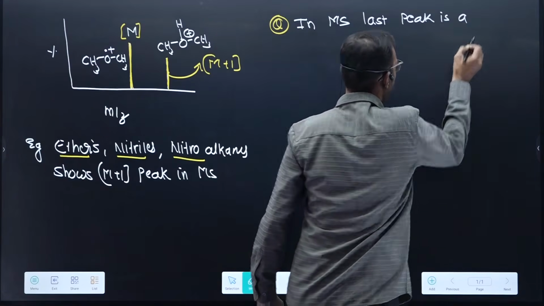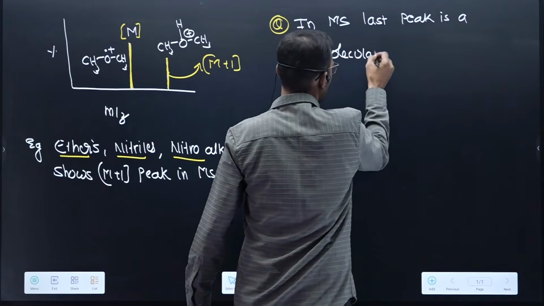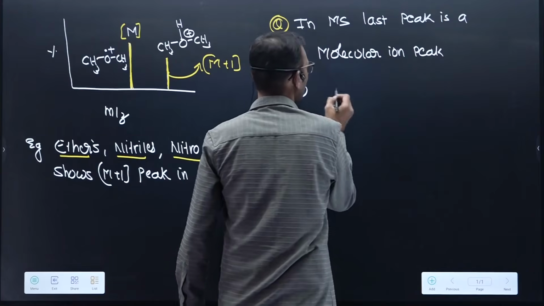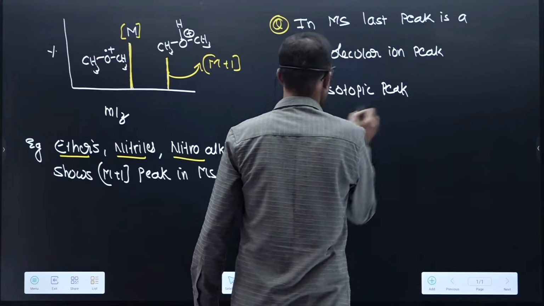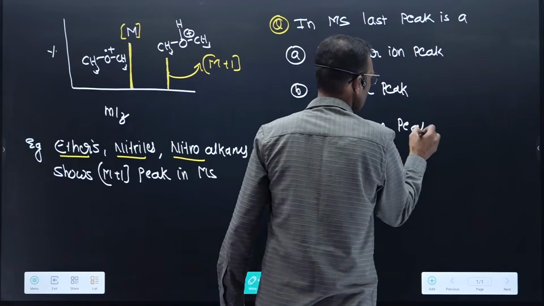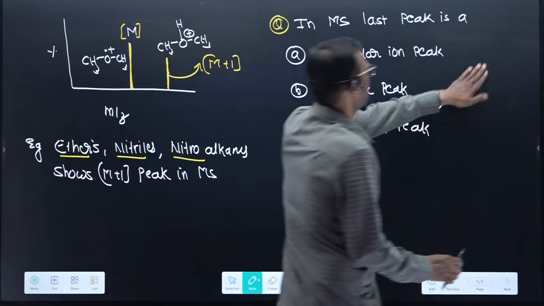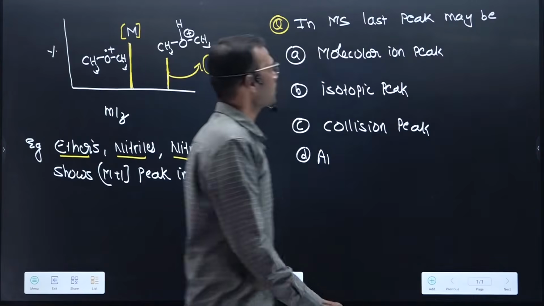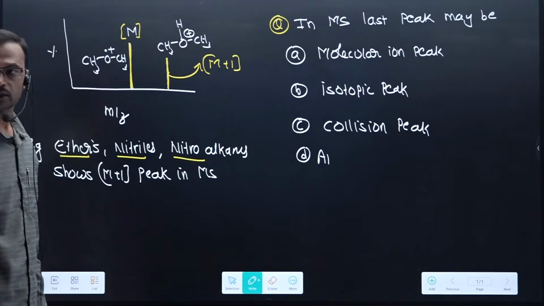Right. So in the mass spectrum, the last peak is a: option A, molecular ion peak; option B, isotopic peak; option C, collision peak; option D, all. This question was given in a SET exam. What is the last peak in the mass spectrum? The last peak may be a molecular ion peak, isotopic peak, collision peak, or all.